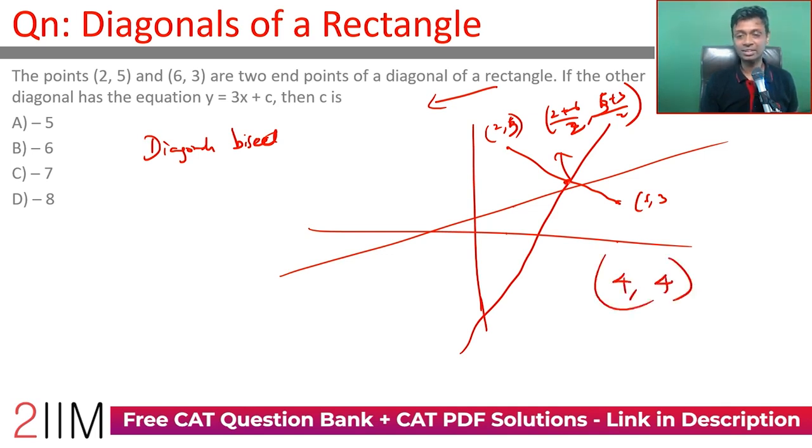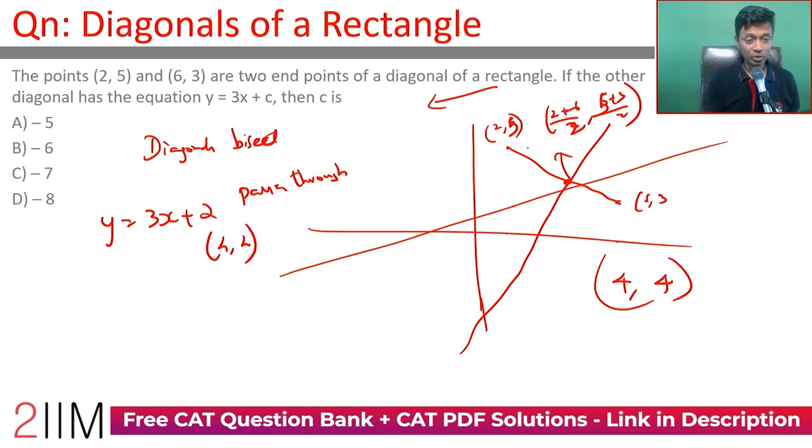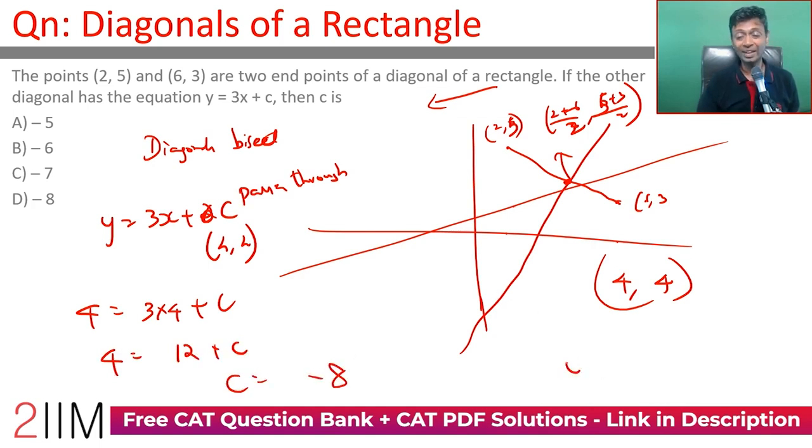So this equation, y equals 3x plus c, passes through the point 4, comma 4, which is the midpoint of the other diagonal. You substitute x equal to 4, y equal to 4; this should be satisfied. 4 equals 3 into 4 plus c, or 4 equals 12 plus c, so c should be minus 8. We are looking at the equation y equals 3x minus 8.